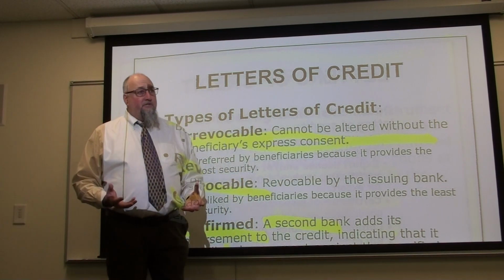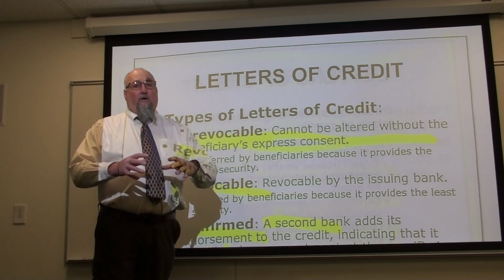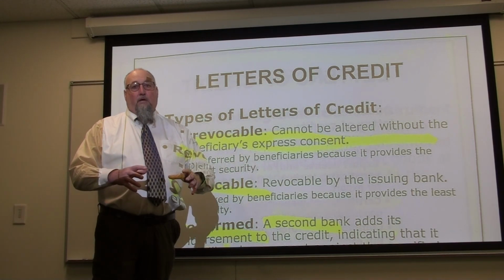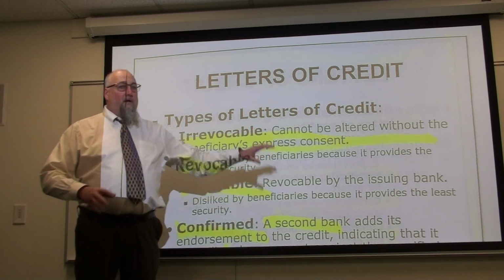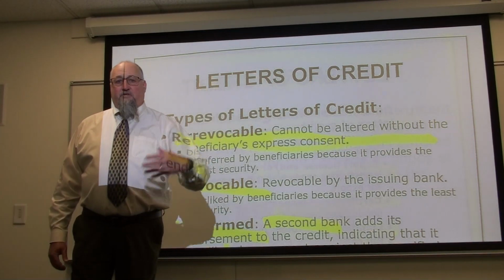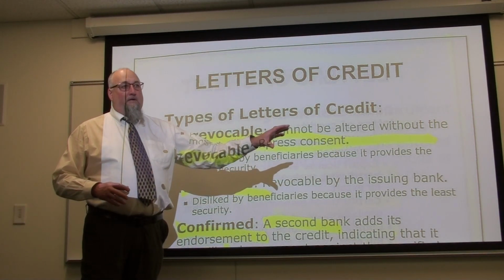And when that occurs, they issue the irrevocable letter of credit, and at that point, that account is basically frozen. I can't touch that $1 million. It is there to guarantee payment on that letter of credit. And so if the seller produces the documents that are required, that money is going to be paid regardless.